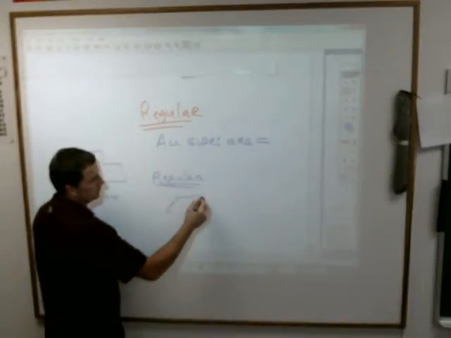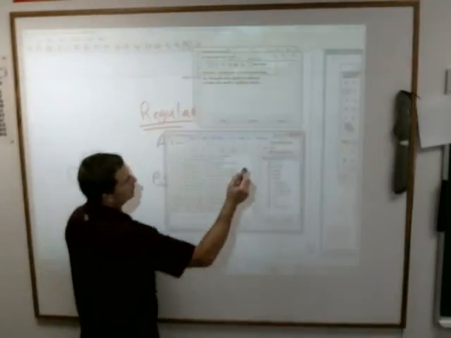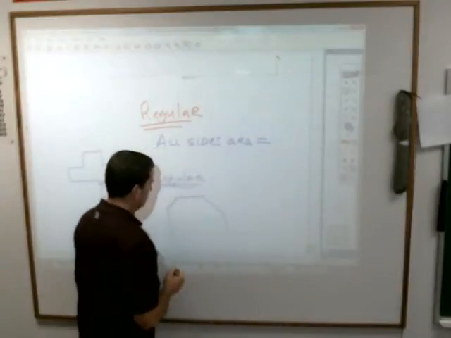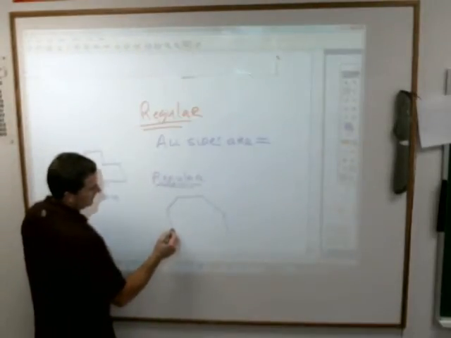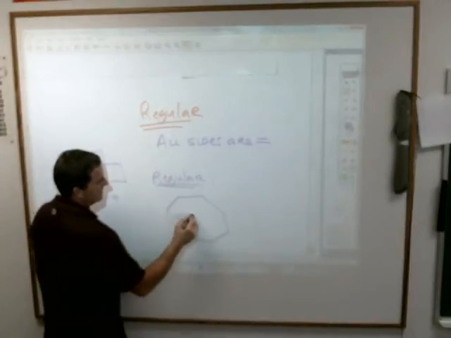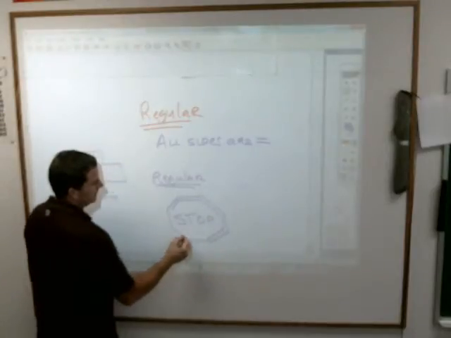1, 2, 3, 4, 5, 6, 7, 8. Stop. A stop sign is a regular octagon.